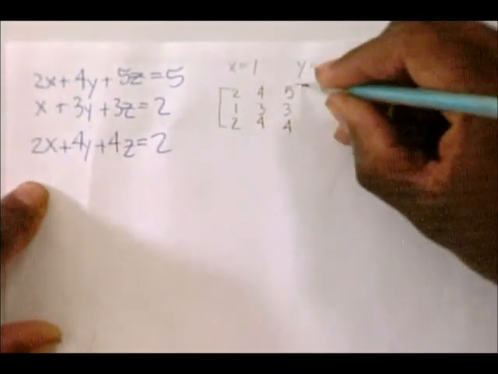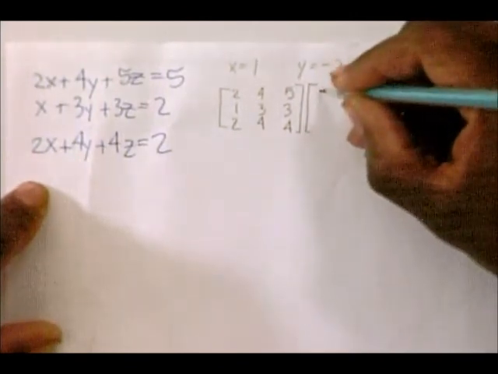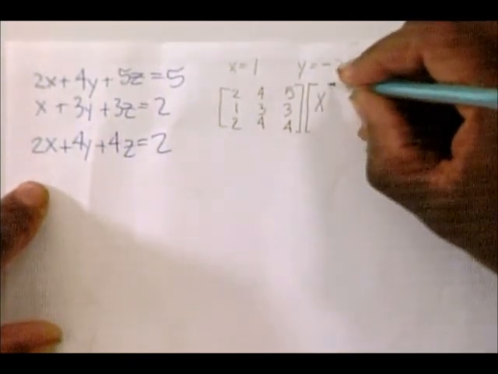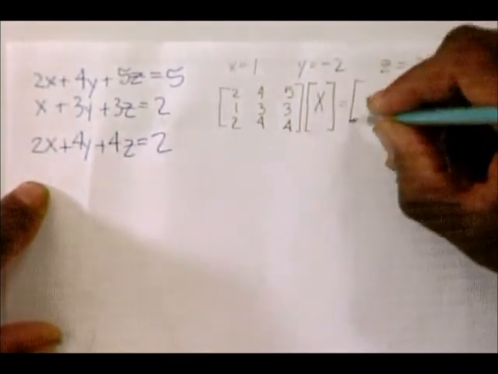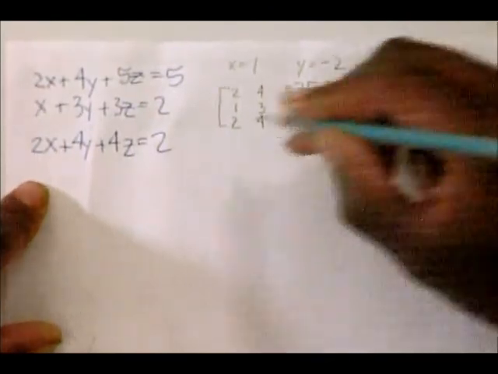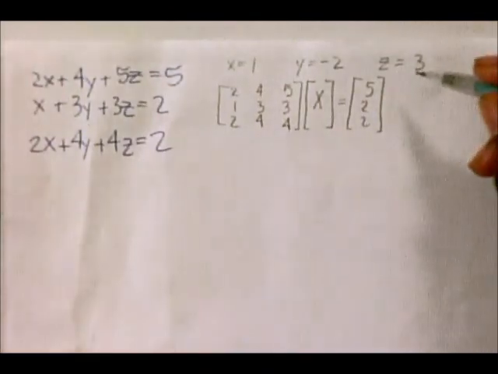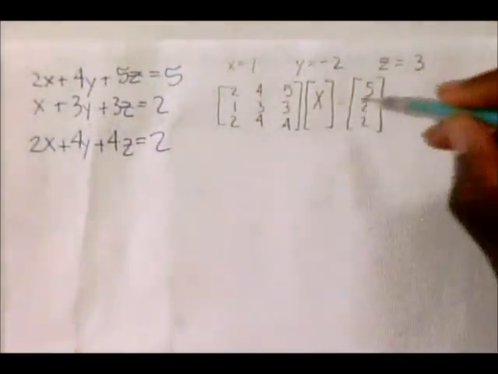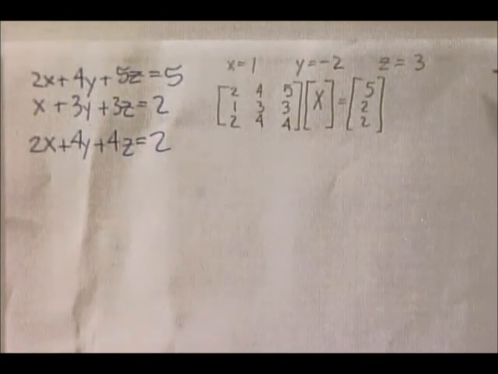You have that matrix multiplied by this matrix here, which is a 3 by 1 matrix, and that should be equal to 5, 2, 2, which came from here. Now we're going to multiply by the inverse on both sides.